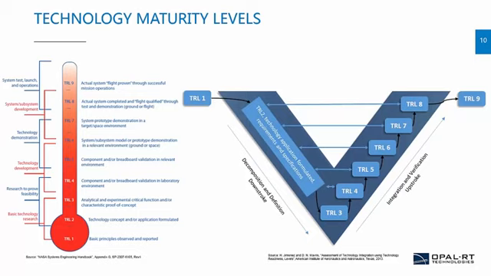So these TRLs that are widely used in the aerospace industry can also be mapped on the traditional V process that you can see on the right.